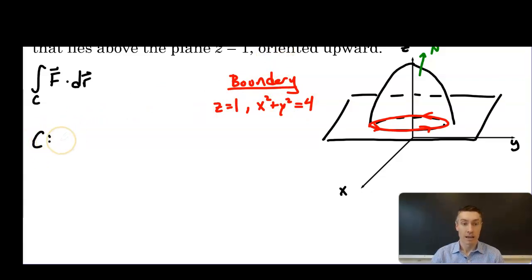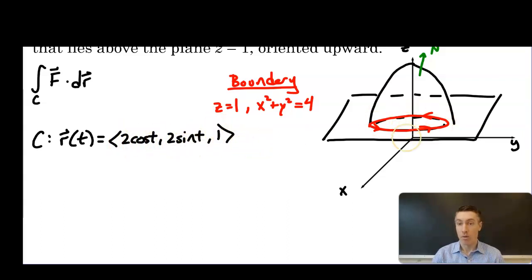So c gets parameterized as r of t equaling 2 cos t, 2 sine t, 1. Right? And we're moving counterclockwise, right, from the positive x to the positive y axes. And feel free to draw this in the xy plane if that's helpful and put the arrows in. So our parameterization is good. It's going to go from 0 to 2 pi.